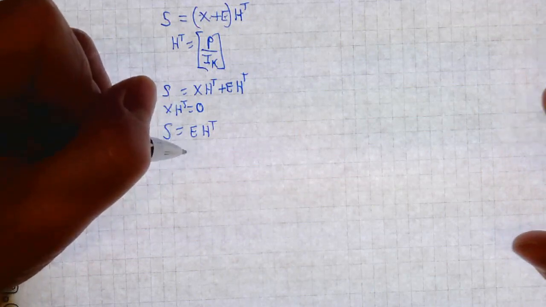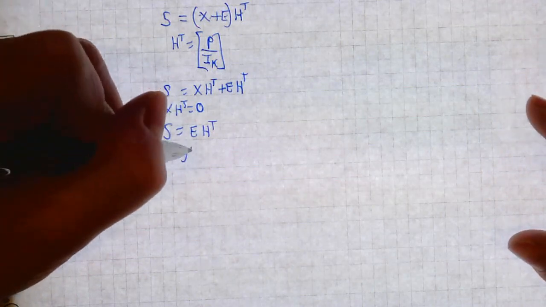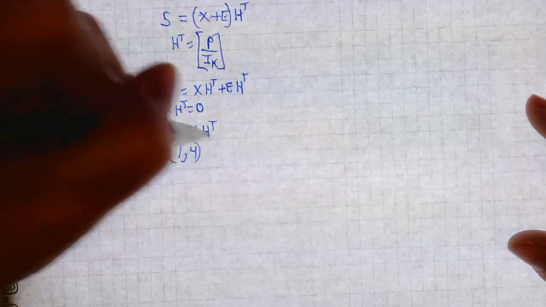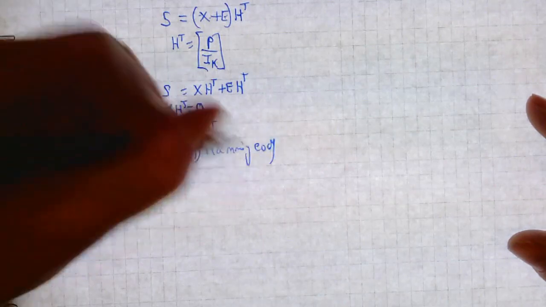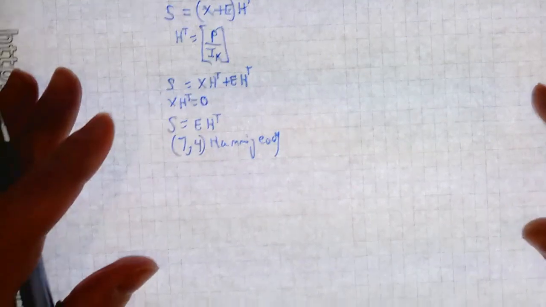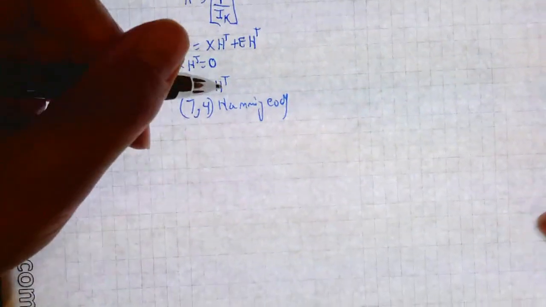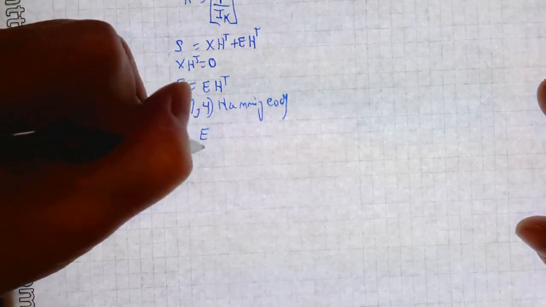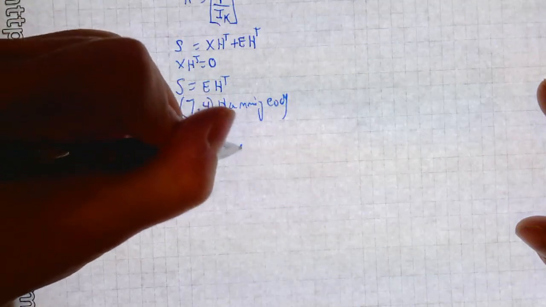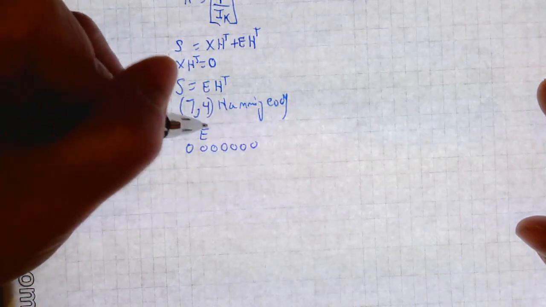What we'll do is, this is it for the 7-4 Hamming code. And in the 7-4 Hamming code, we have 7 bits. And so errors can occur in any one of the bits. So we could have 1, 2, 3, 4, 5, 6, 7 bits with no errors.